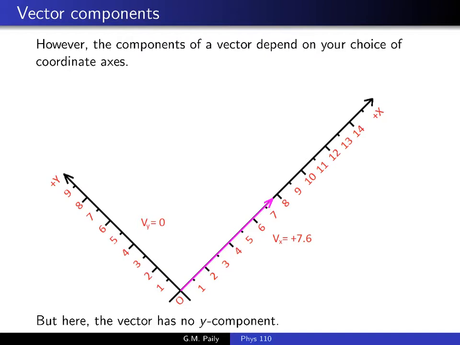We pick different coordinate axes according to the problem, and in different problems, different axes and different orientations of those axes would be useful. So there is no single right way of choosing the axis. And as a result, the vector remains unchanged, but the components that describe the vector depend on the axes that you choose.